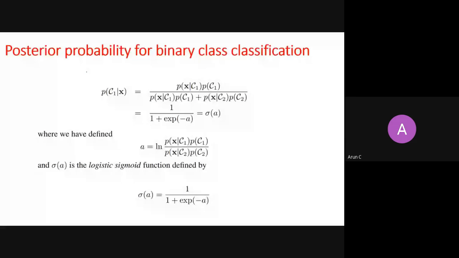For a given x, it should give you the probability of belonging to class 1. If the probability of C1 is greater than C2, then you say x belongs to C1, else it belongs to C2. But discriminant functions don't do this for you. They did everything on their own and directly gave you C1.